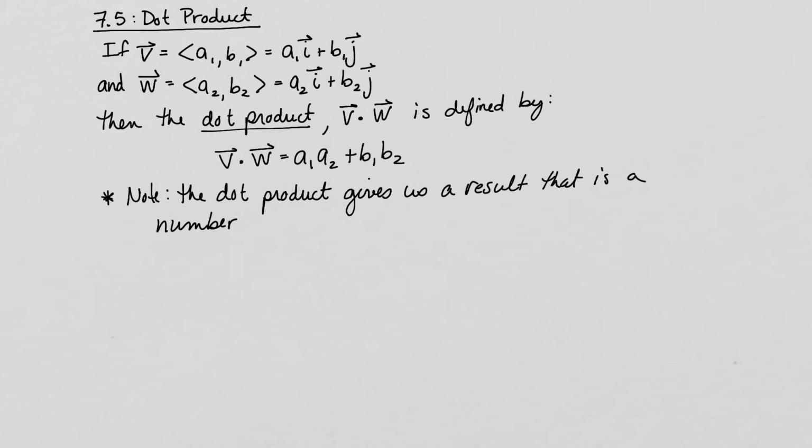Mathematicians, when we're talking about just a number, sometimes give it a fancy word called a scalar. So when we do the dot product between two vectors, we're going to get a number.